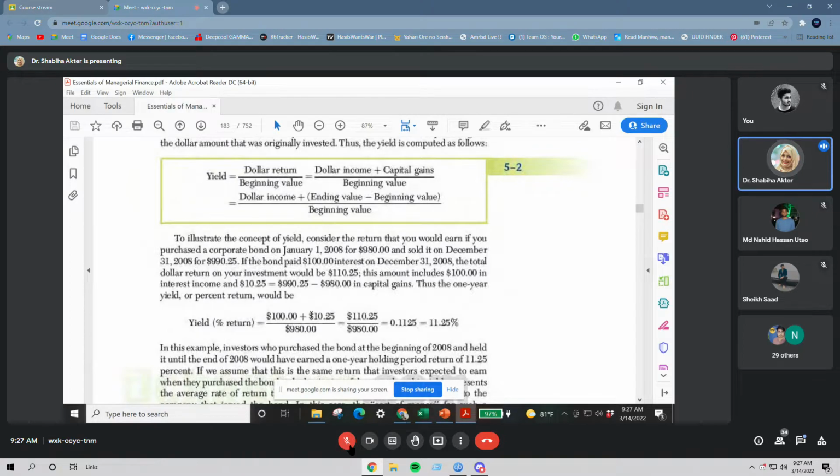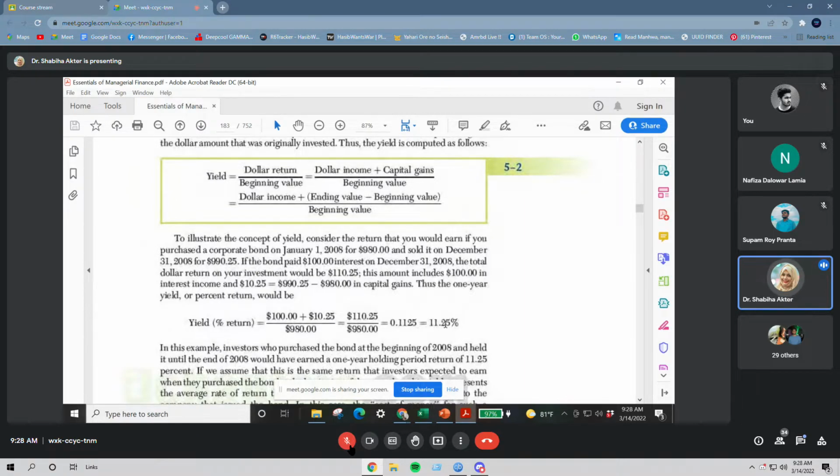Do you understand until here? Yes, ma'am. So simply you just need to put the beginning value here, 980. Beginning value 980. That's the value that you actually purchase the corporate bond at. That is 980.